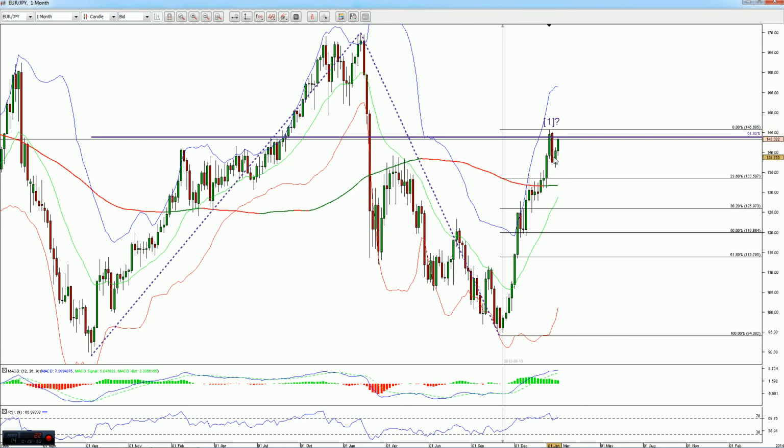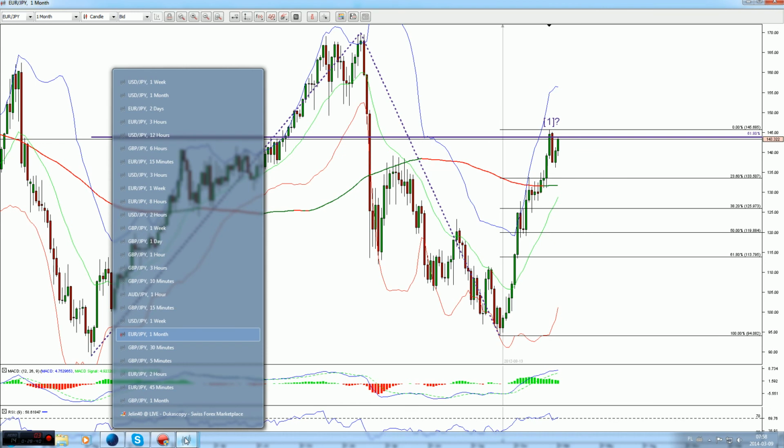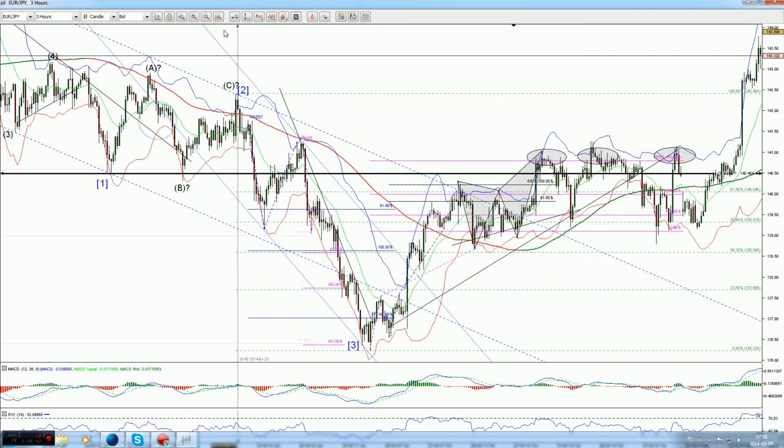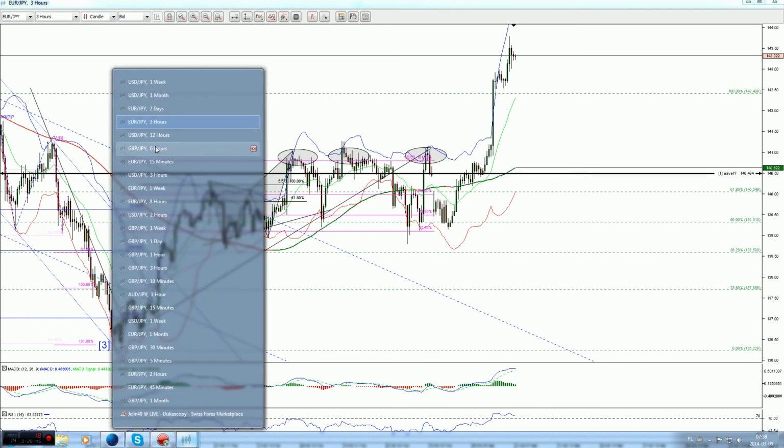This is a strong bearish engulfing. So the market may try to look for short trade setups in this area.